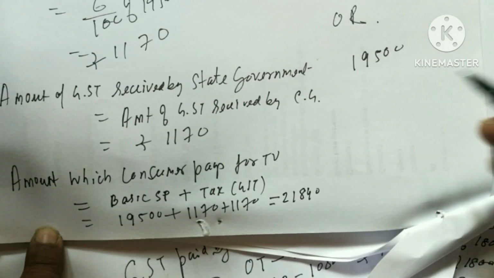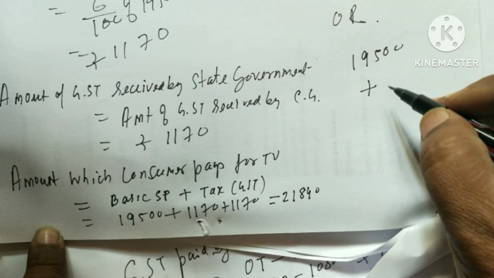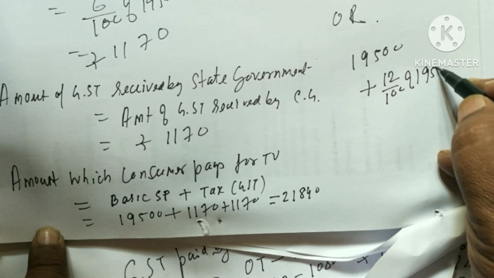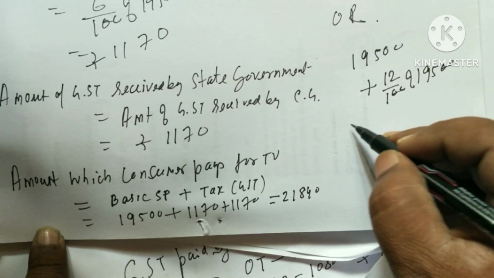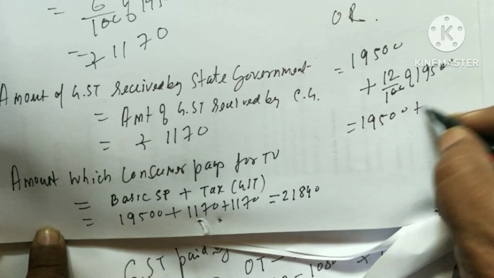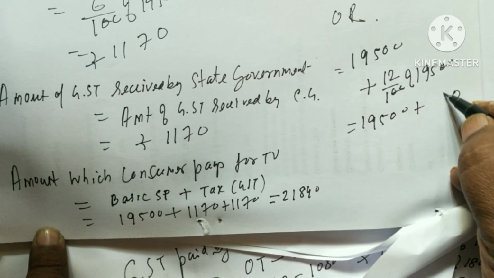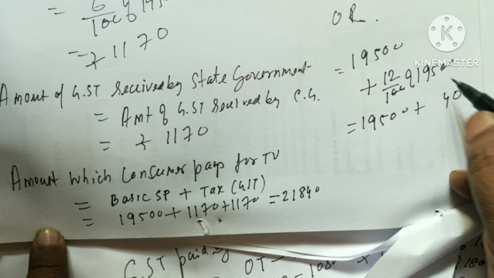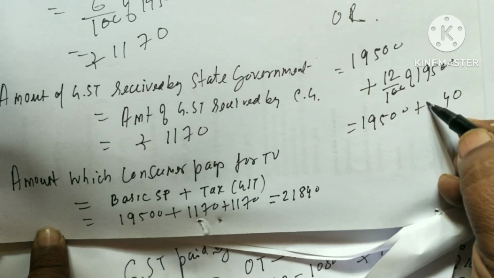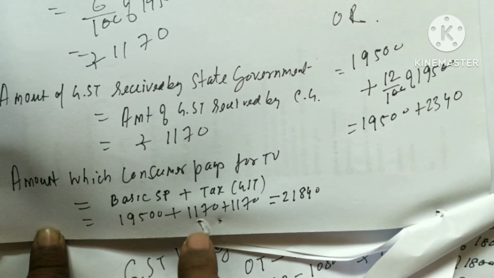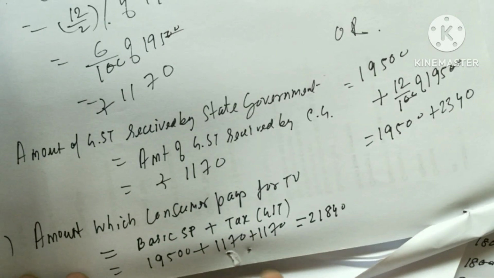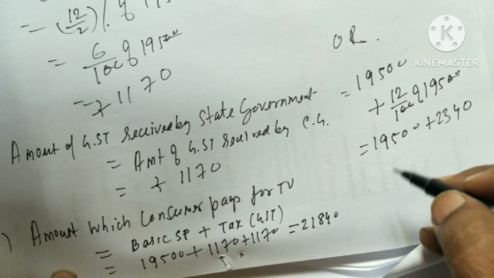Or 19500 plus 12% of 19500. It is 19500 plus 2340, since 1170 plus 1170 is 2340.